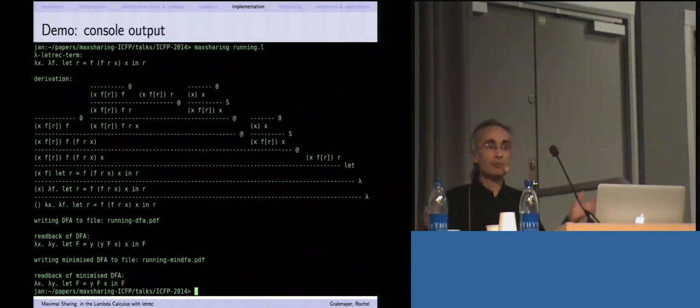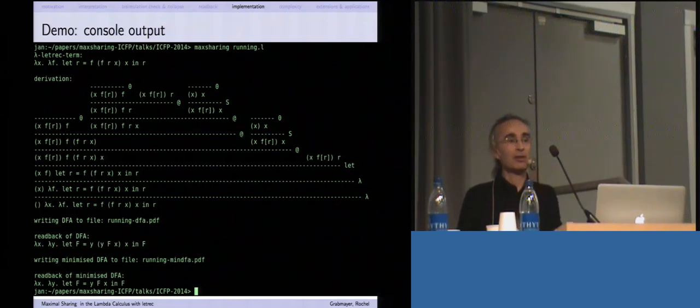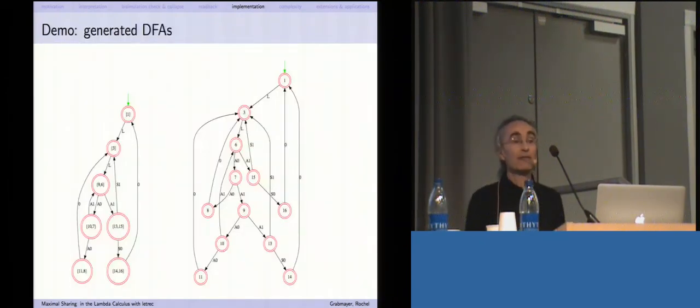Console output of our tool is roughly the following. If you enter our running example in an easy syntax and you apply Max Sharing to a file containing this syntax, then first the lambda letrec term is pretty printed. Then a term graph proof is generated which actually corresponds to a finite state automaton which you see here on the right, and this is a finite state automaton representation of the term graph interpretation, which is then state minimized into the DFA on the left, which corresponds to computing the bisimulation collapse in our case.